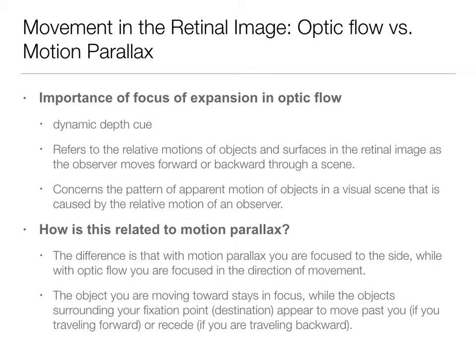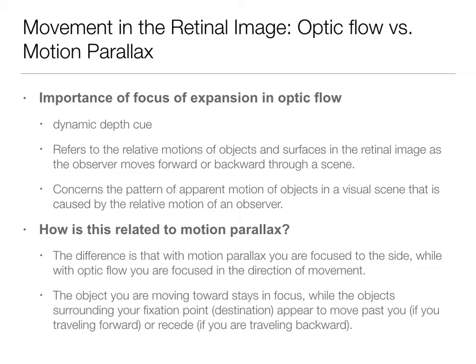The object you are moving to really stays in focus. So even in that moving room, that front wall didn't change. It was the walls on the side that changed. The fixation point stays in focus. It may get smaller or bigger on your retinal image as you get closer to it.